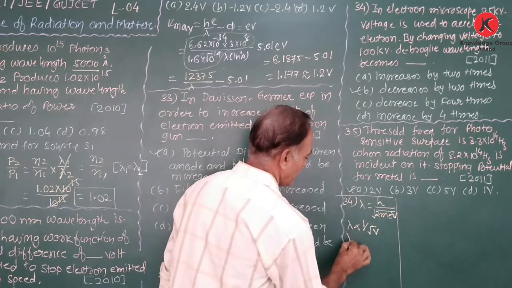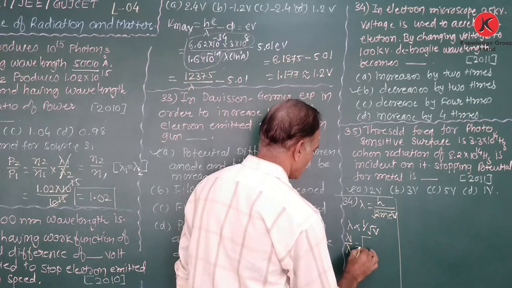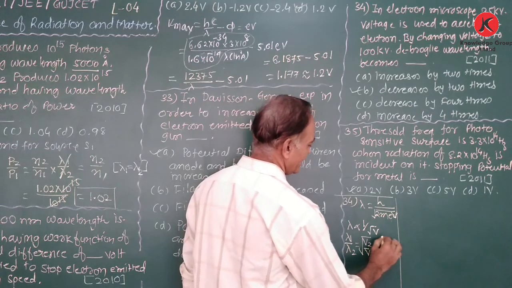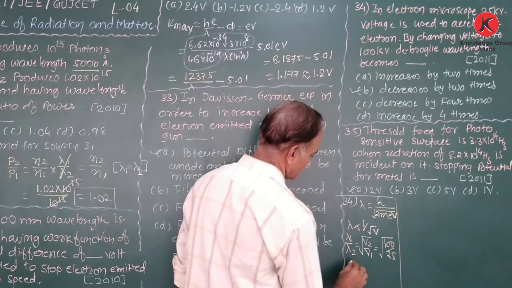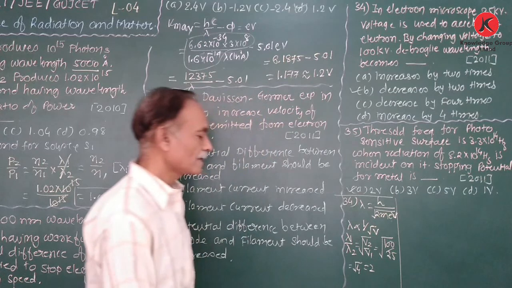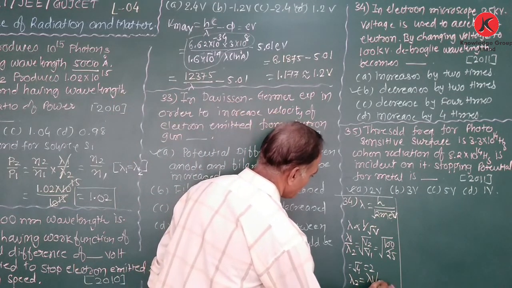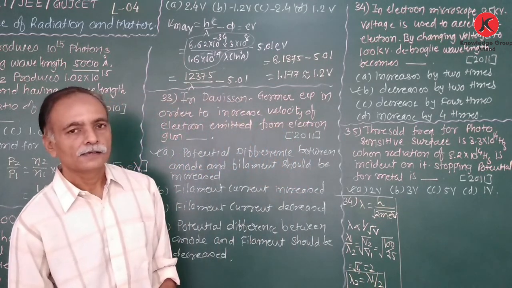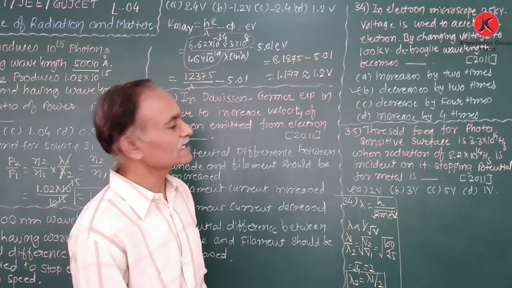Therefore, lambda1 upon lambda2 is equal to under root of V2 upon V1. V2 is given, 100 divided by 25. Therefore, root 4 is equal to 2. Therefore, lambda2 is equal to lambda1 by 2. Therefore, the de Broglie wavelength is decreased by 2 times.